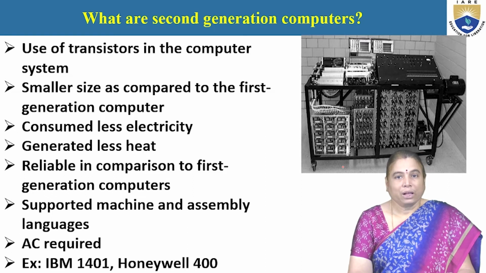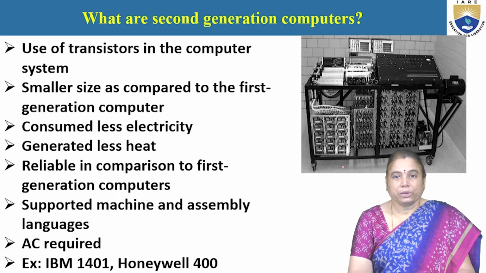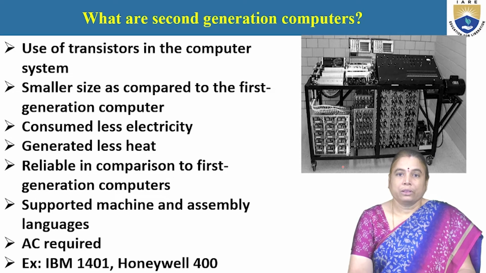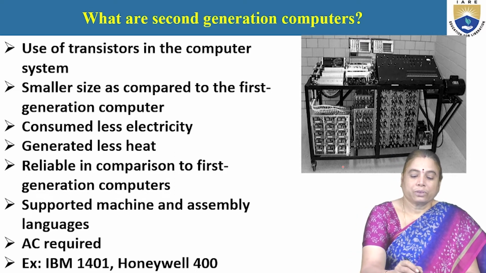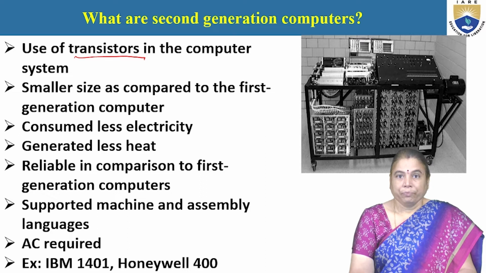Generally, there are 5 generations of computers. The first generation computers use the vacuum tube as the major electronic device. But in second generation computers, transistors are used as the major electronic device.